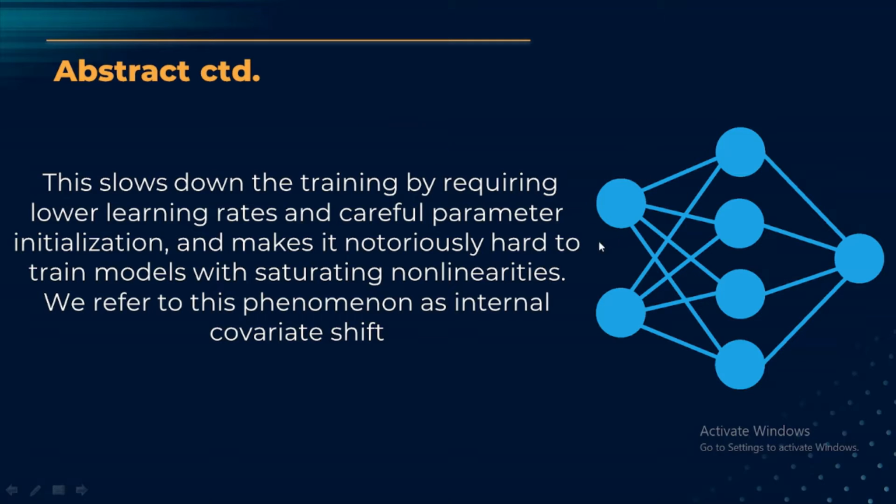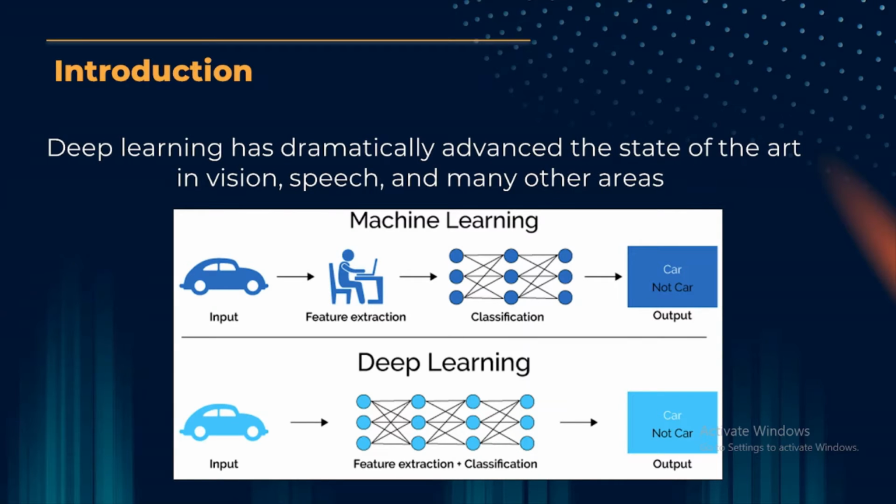We refer to this phenomenon as internal covariate shift. Deep learning has dramatically advanced the state of the art in vision, speech, and many other areas.